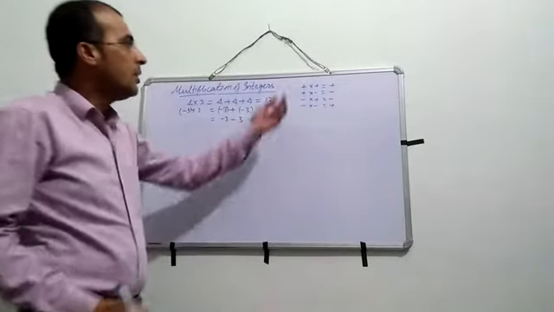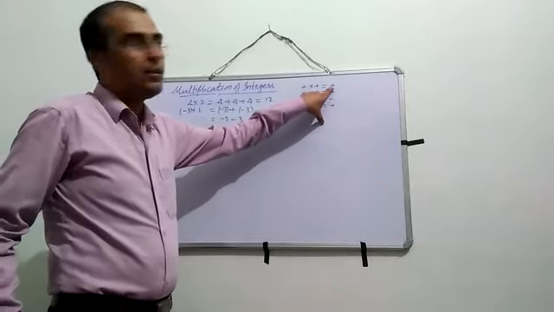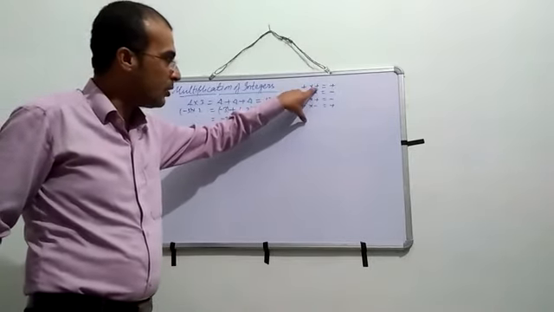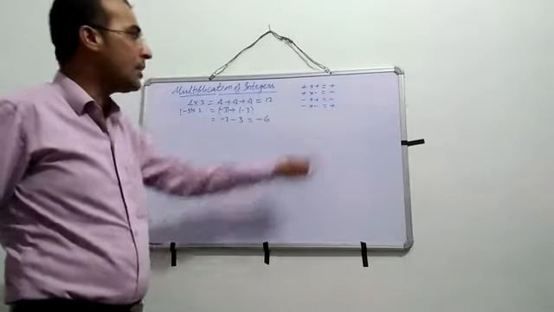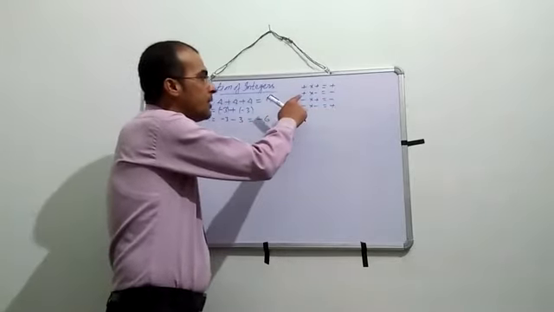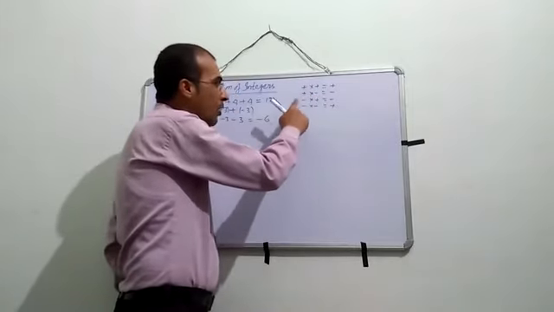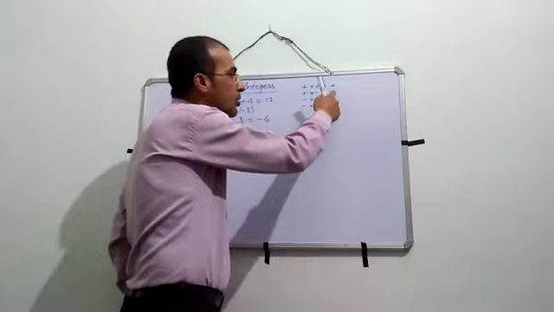It means that if the signs are the same, we get a positive result. Here plus into plus equals plus, and minus into minus equals plus. But if the signs are different, meaning one is positive and the other is negative, or one is negative and the other is positive, then the result is negative in both cases.